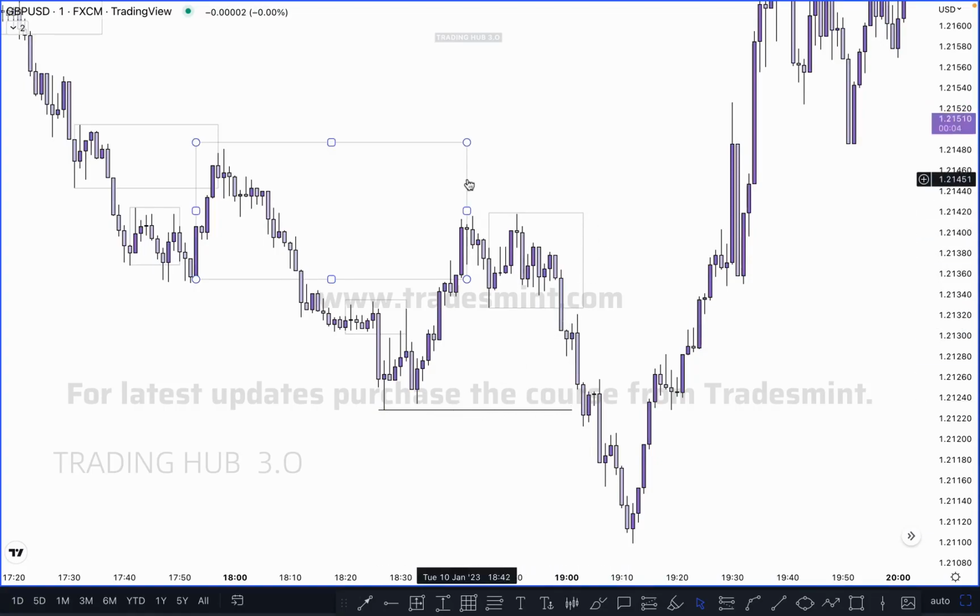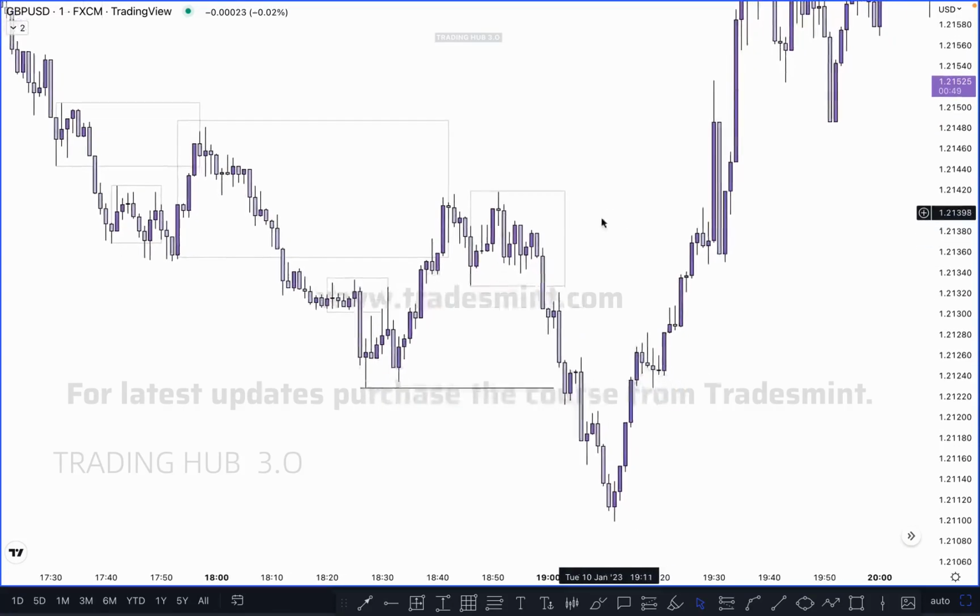But if there is a supply tap here, then we can take this entry, which will be covered in the entry part: when and where we should take entry in a lower time frame and in a higher time frame. This video is all about order flow identification. In the next attempt, what happened here? The market created another pullback, and this one is also an unmitigated order flow. Just below it, you can see one more order flow.